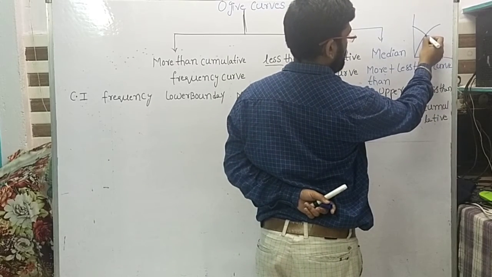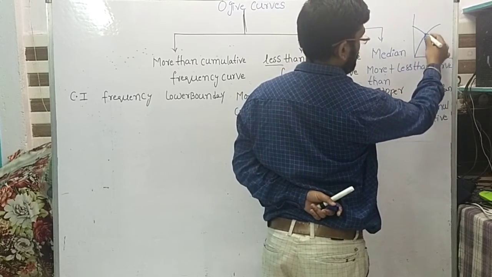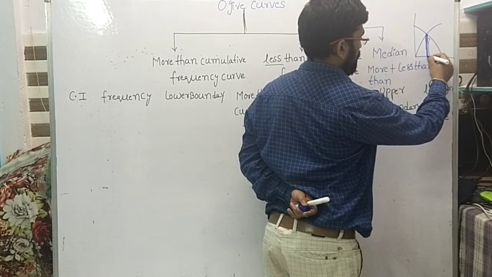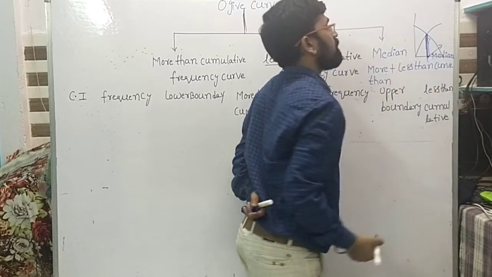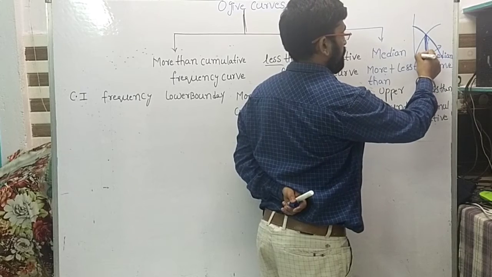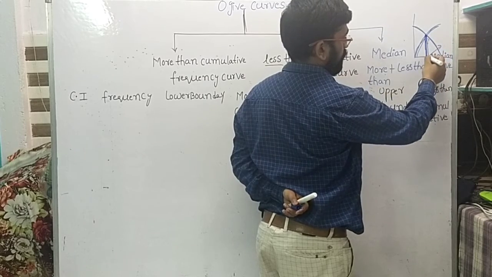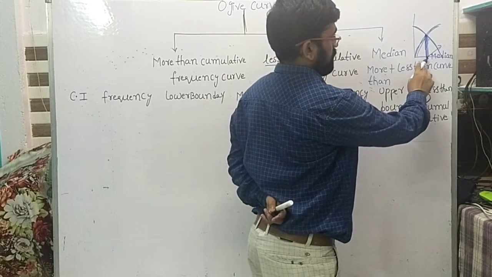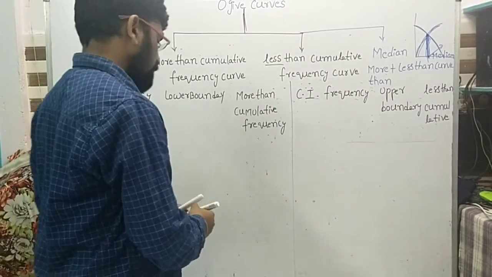Where these two curves intersect, draw the perpendicular from the point of intersection to the x axis. Where the perpendicular meets the x axis is the median.